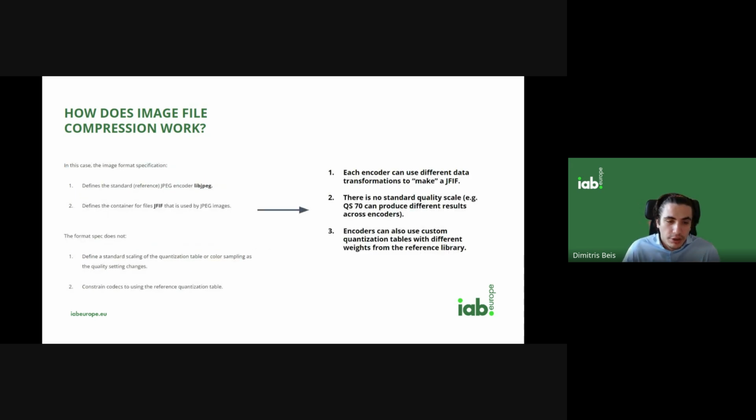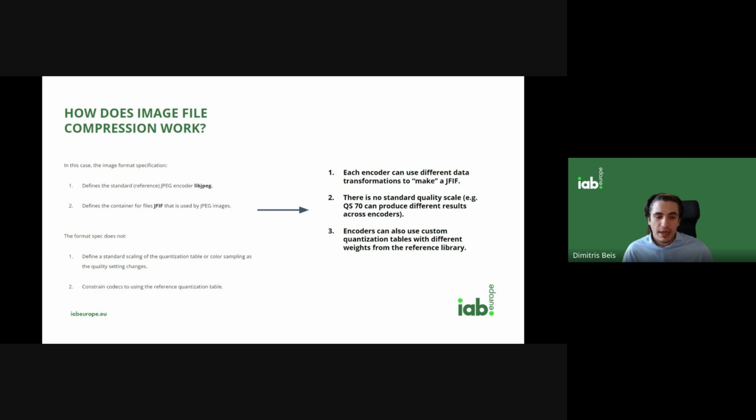So what's important to understand here with respect to image formats then? The image format itself will give you a standard encoder called the reference encoder. That's called libjpeg in the case of JPEG. And then it also gives you a container. So the format isn't technically just JPEG. It's the JPEG codec and then the JFIF container.